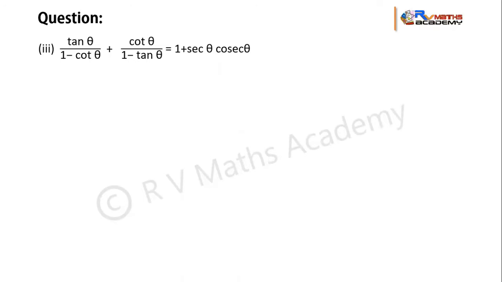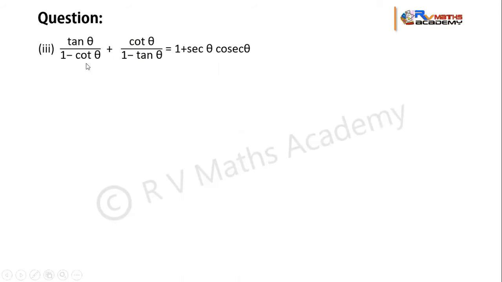Now it is written here sec theta and cosec theta. You know that sec theta is the reciprocal of cos and cosec theta is the reciprocal of sine. So we should try to bring sine and cos on the left hand side. This is my question, tan theta upon 1 minus cot theta.